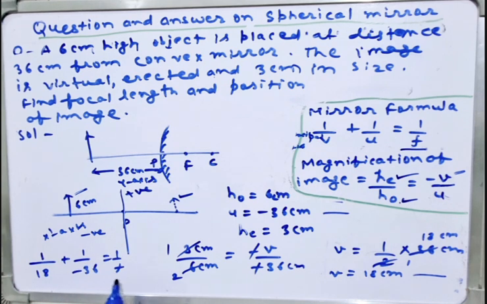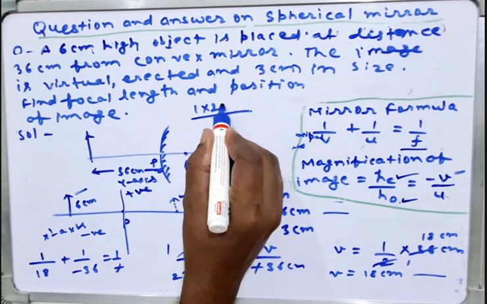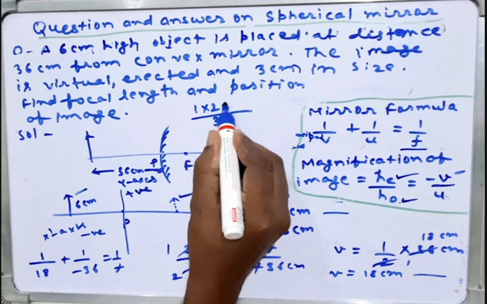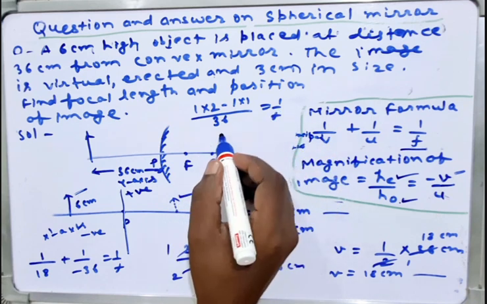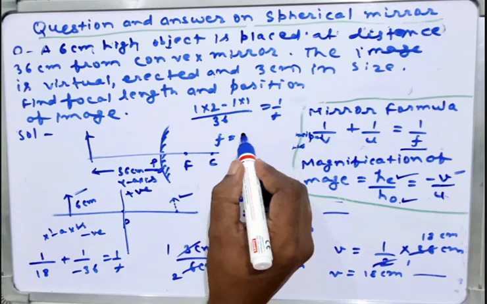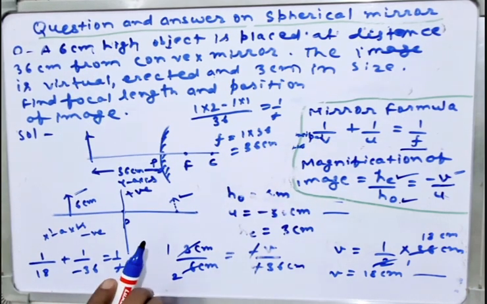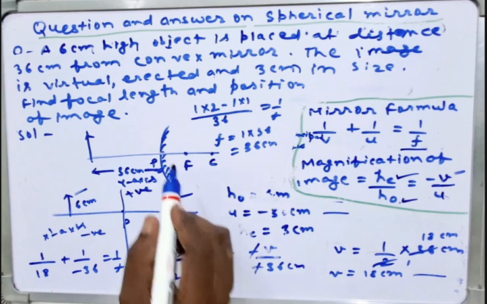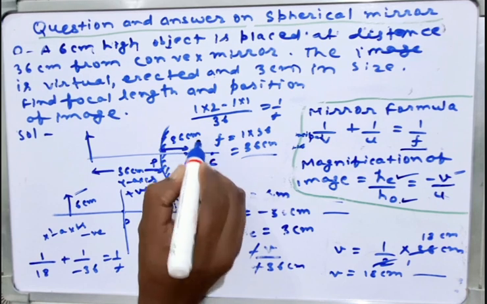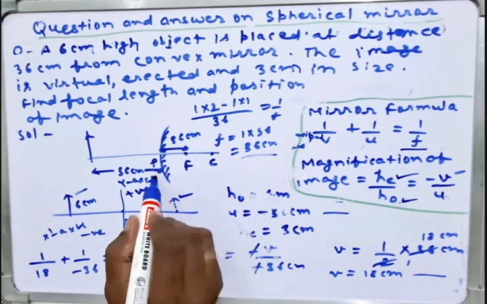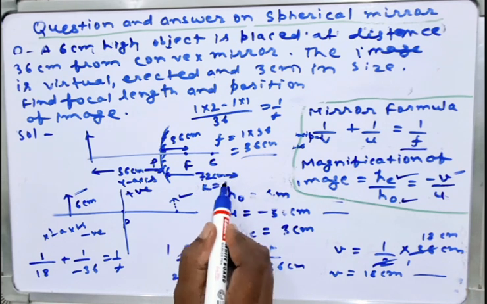So f will be 1 into 36, that is 36 centimeter. The focal length is a positive number, which satisfies a convex mirror: 36 centimeter.